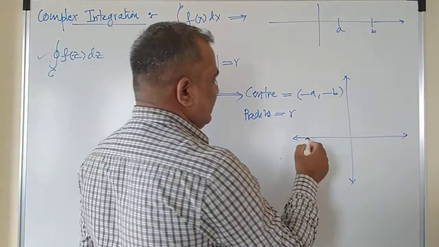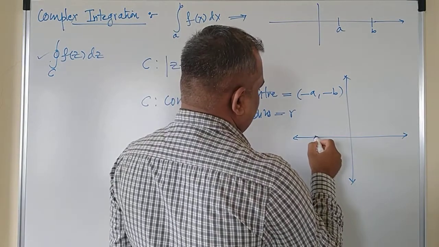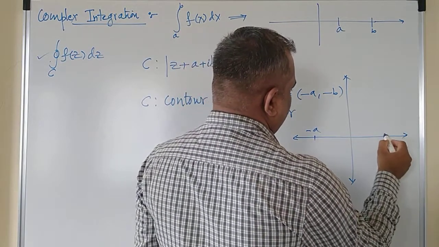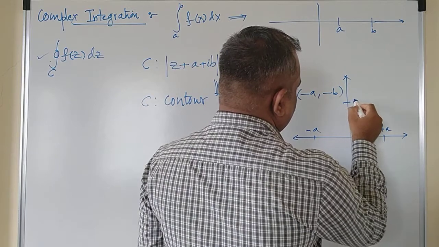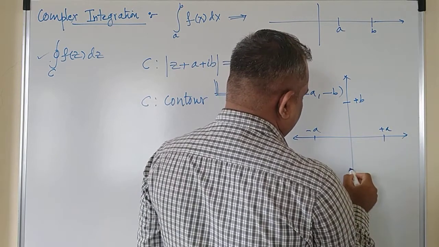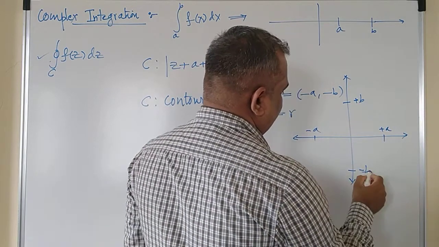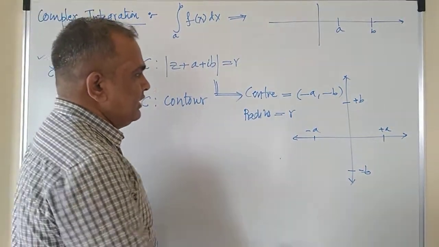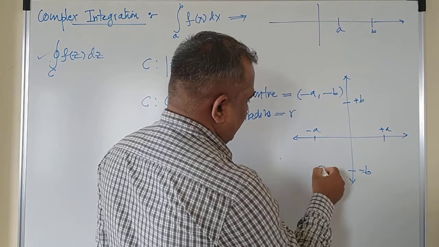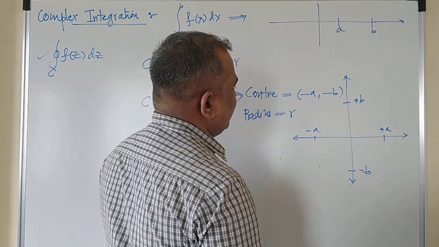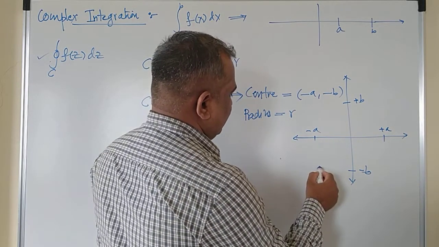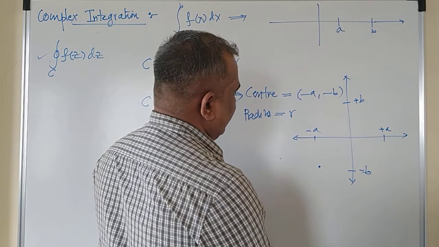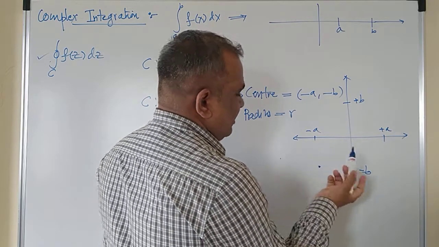Now let us say this is minus a, this is plus a, this is plus b, and this is minus b point on the graph, and hence your center is here, right? Being the center point minus a, minus b, the center of the given circle will be here, and its radius is r.